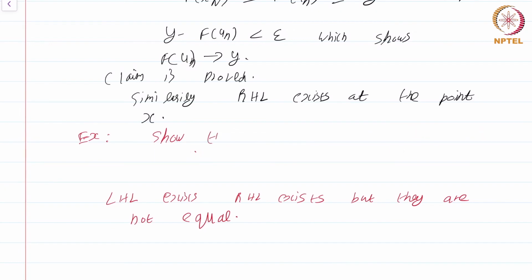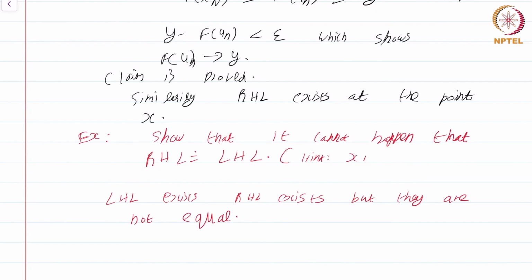Show that it cannot happen that the right-hand limit is equal to the left-hand limit. This is a better way of phrasing this exercise. Hint: x is a discontinuity. Remember that x is a discontinuity. So I'm just phrasing the exercise in a slightly different form, which I think is more clear. The left-hand limit exists, the right-hand limit exists, and I'm leaving you to show that the left-hand limit cannot be equal to the right-hand limit.